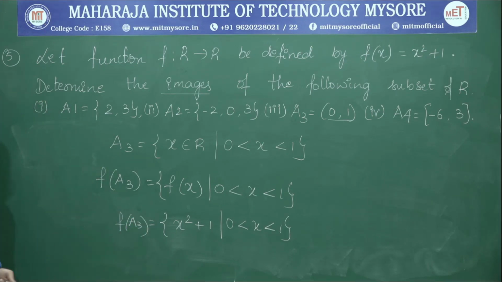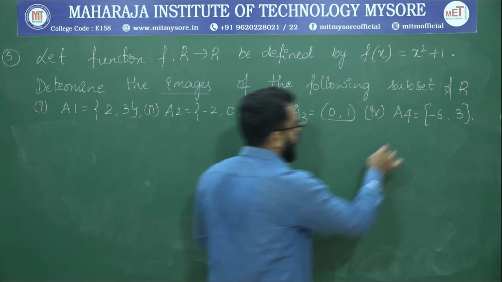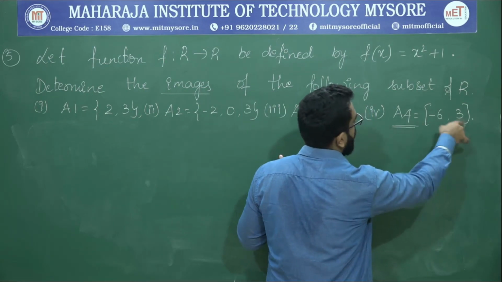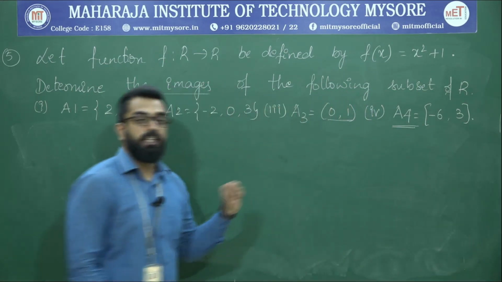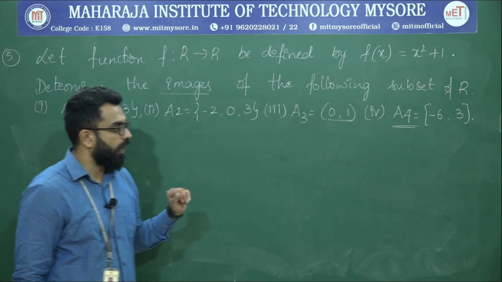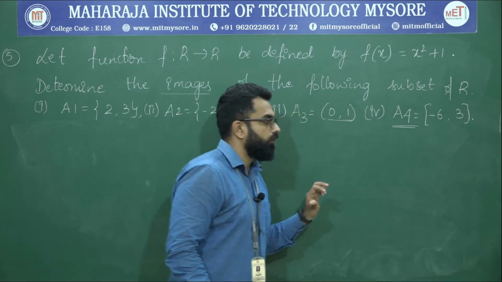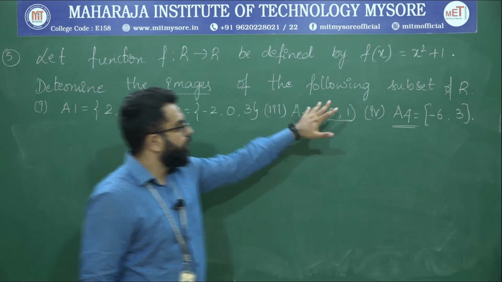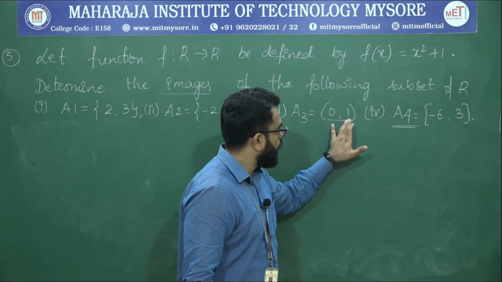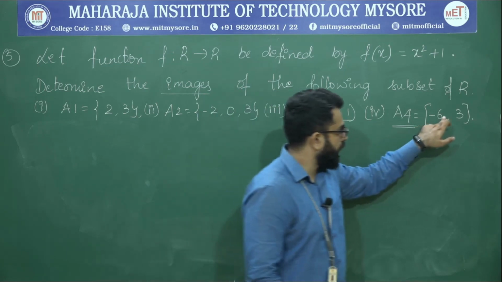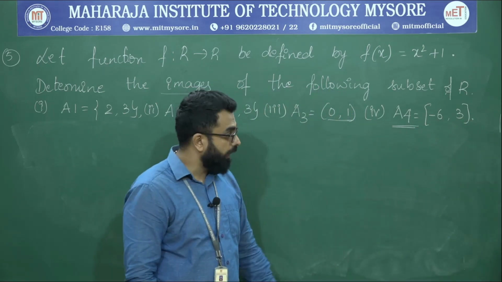Similarly, if you observe the fourth sub-question, the fourth subset A4 also, this is again not a set, because even that is not enclosed between the braces. So here 0 comma 1 was the range. What is this -6 comma 3 then? Even that is a range.